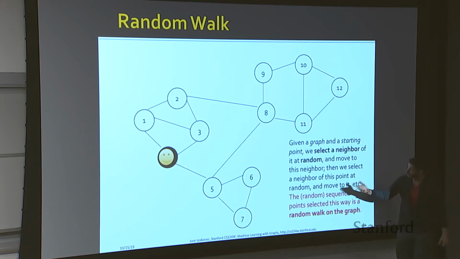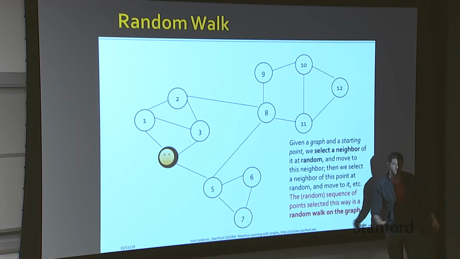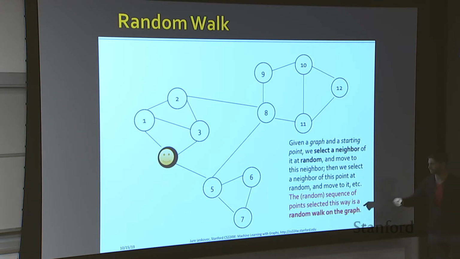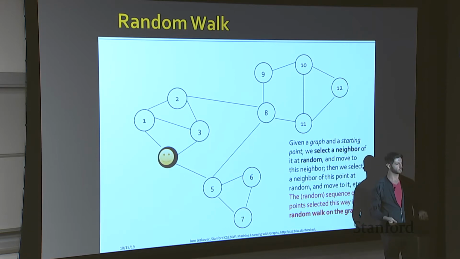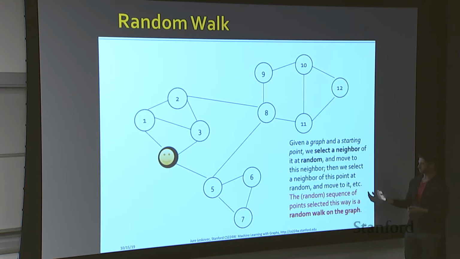Another parameter you can set is how long your random walk should be. In the animation, you've seen that sometimes we explore 8 nodes, sometimes we explore 2 of them. You can also decide to have a bounded random walk, always exploring no more than 5 nodes. Each one of these choices in the upper parameters will come with a certain trade-off, and we're going to see in the different techniques that these random walks are used in slightly different ways.